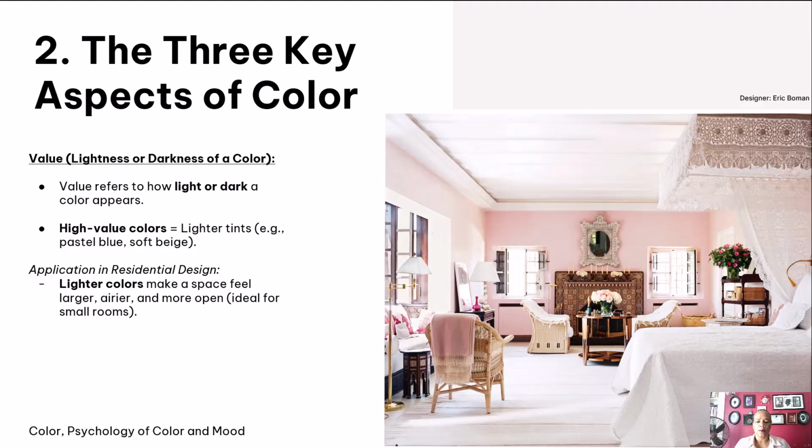So when we start to talk about hue, we are able to make hues either lighter or darker, and we do that by changing their value. So if I add white to a color, I'm tinting it and I'm making it a lighter hue or a lighter value. If I add black to it, I'm making it a darker value.